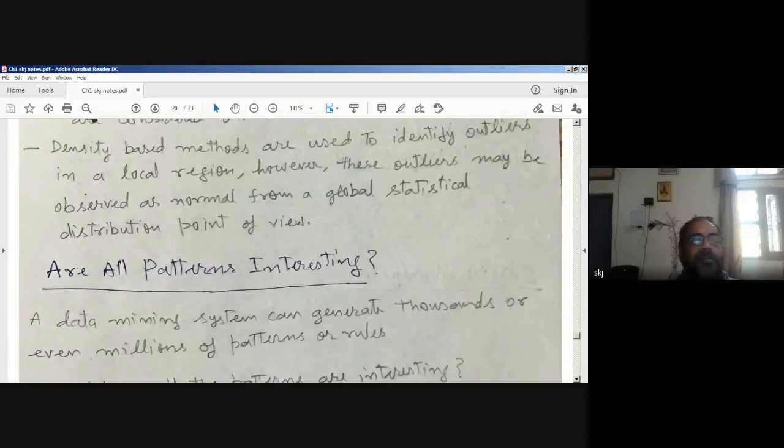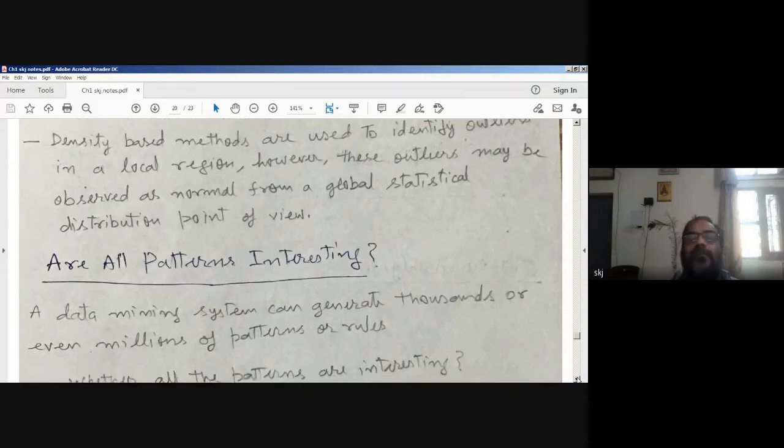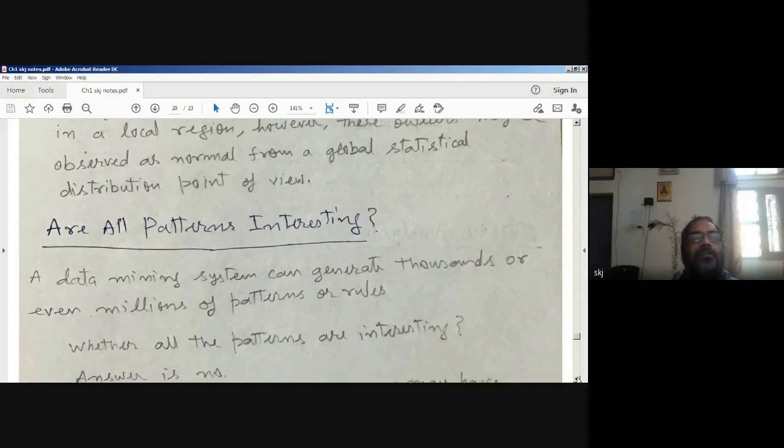However, from the global statistical distribution point of view, it is not an outlier. So it depends from where we are observing or in what context we are observing, and how narrow or how large that context is. Okay.